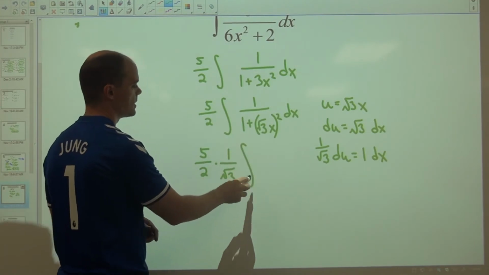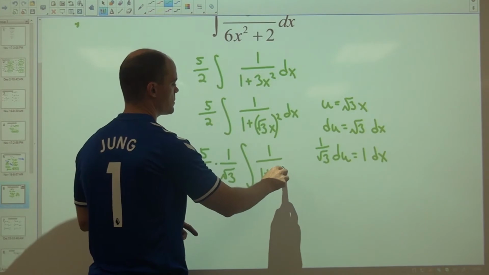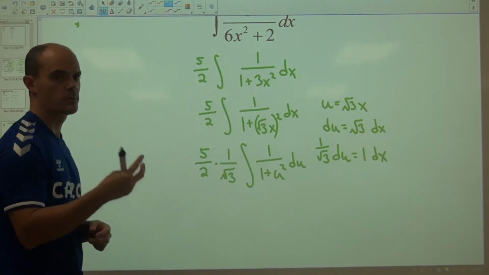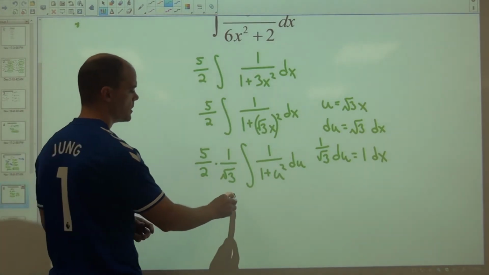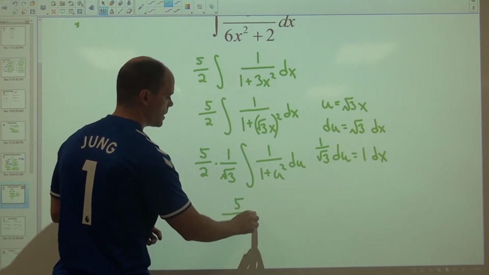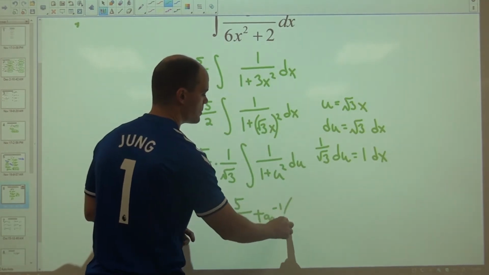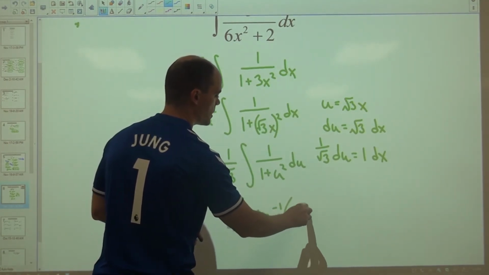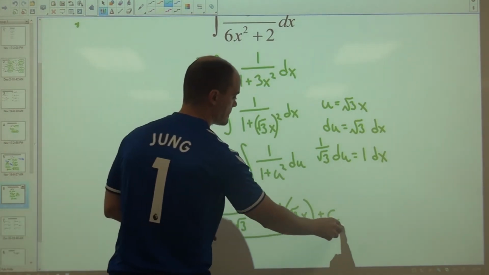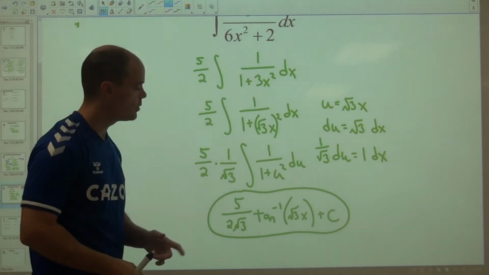We have not taken an antiderivative yet. 1 over 1 plus u squared du. And now I'll do the last two steps in one leap. So 5 over 2 radical 3. I know this is the inverse tangent of u, and u is right there. So radical 3x plus c.